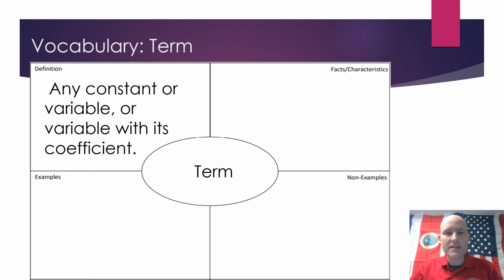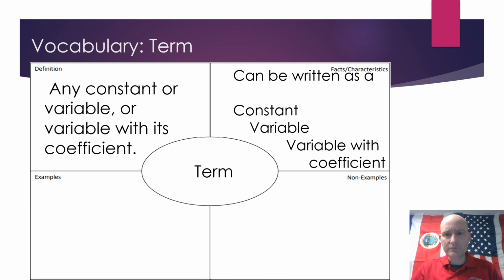A term is any constant or variable with its coefficient. So it can be written as a constant, a variable, or a variable with a coefficient. It's actually everything. So when you break it up by a plus or minus, then you are finding each term.